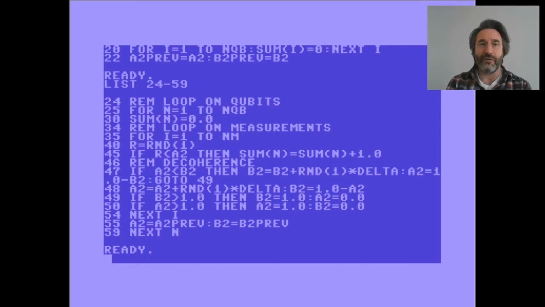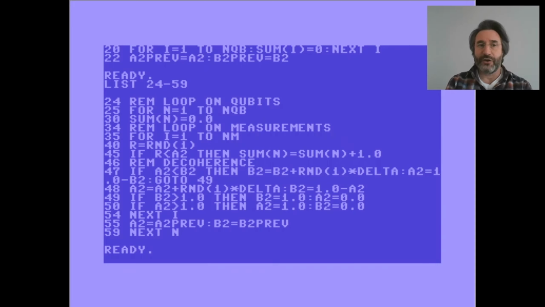So on line 34, this is where in practice we have the loop of measurements, and line 35 in particular starts this loop. And as you can see, the index I is going to go from 1 to nm, so this means that in practice we mimic the effect of nm measurements on the qubit.